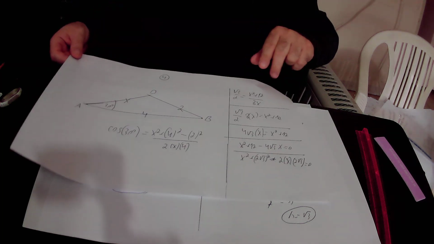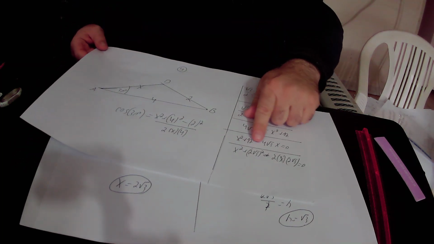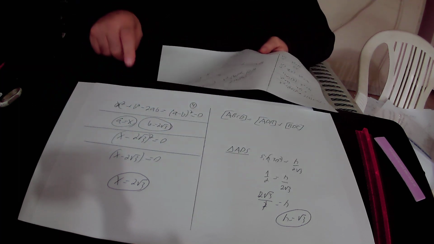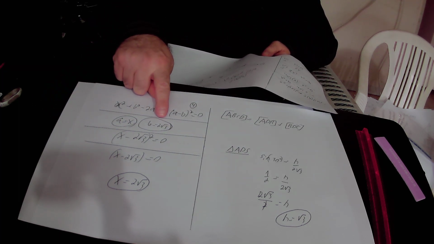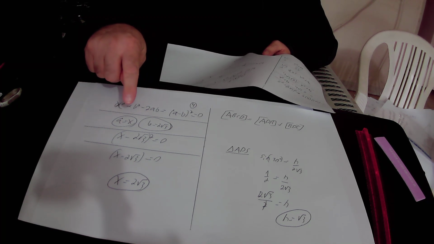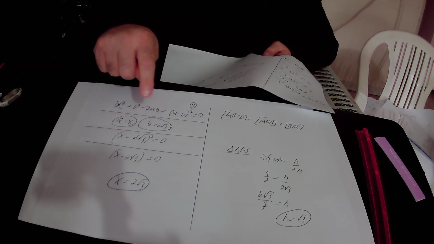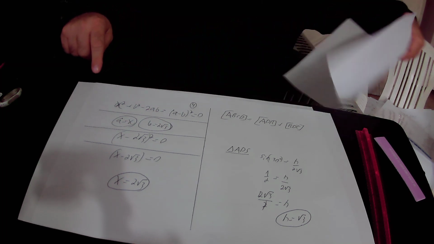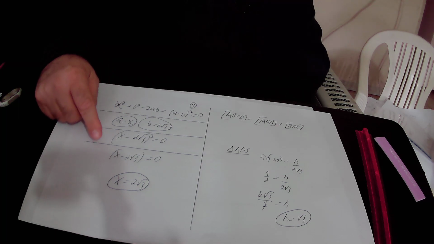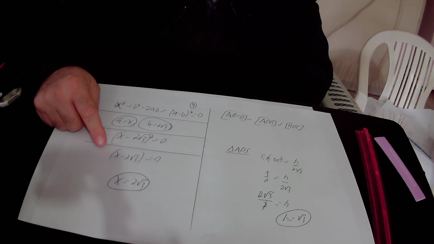Here a equals x and b equals 2 times square root of 3. So (a minus b) squared will be equal to (x minus 2 times square root of 3) squared, which equals 0. We took the root of this equation and got x minus 2 times square root of 3 equals 0.